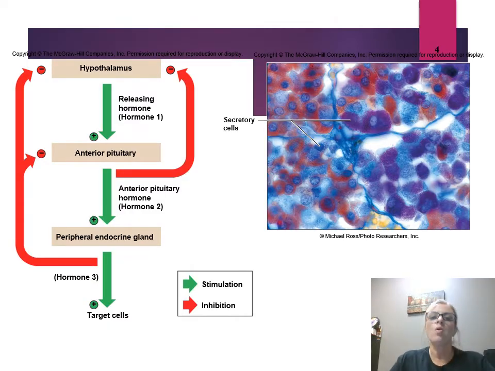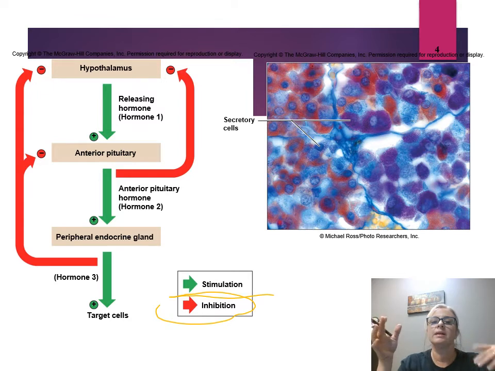So remember that hormones act on specific target cells. Some have an inhibitory effect, and we can see here in the red, these red arrows show us inhibition. So like prolactin release is an inhibiting hormone. Some stimulate the pituitary to release hormones that then stimulate different endocrine glands.